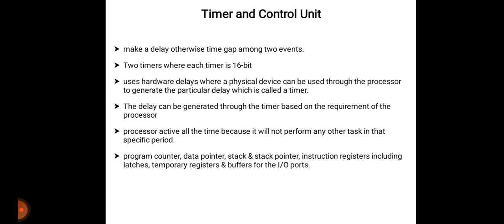As a result, the existence of a timer within the microcontroller permits the processor to be free for performing other operations. Also, the microcontroller includes the program counter, data pointer, stack pointer, instruction registers including latches, then temporary registers and buffers for the input and output ports. So this is all about the timer and control unit.